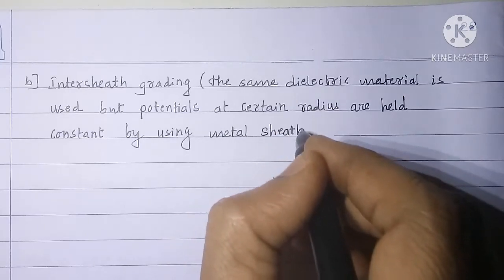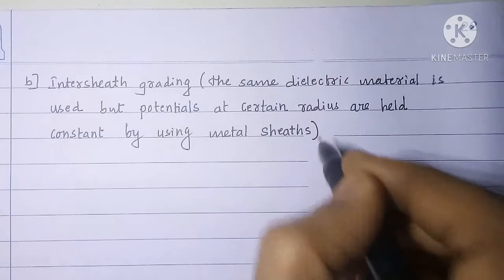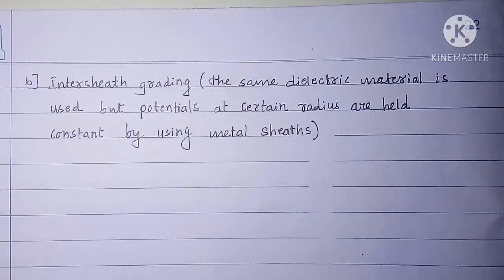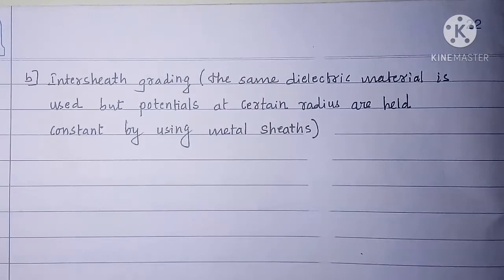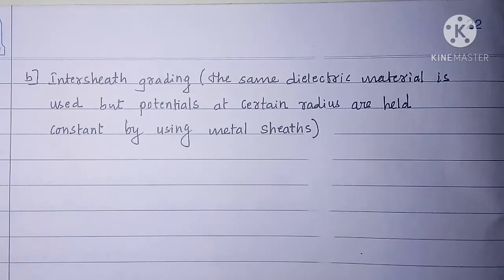It means that such cables have more than one metal sheaths. How the metal sheaths are held at constant potential, that we will see looking at the figure below.